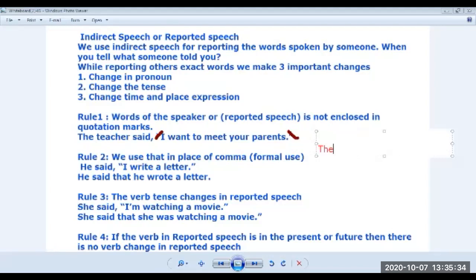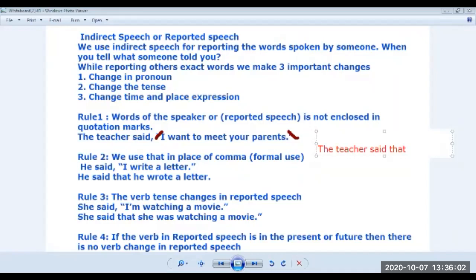The teacher said, now there is a small comma, the separator that separates the reported speech from the reporting verb. In place of this comma, we are going to put "that." Now that is also optional. I will tell you when to use and when not to use.